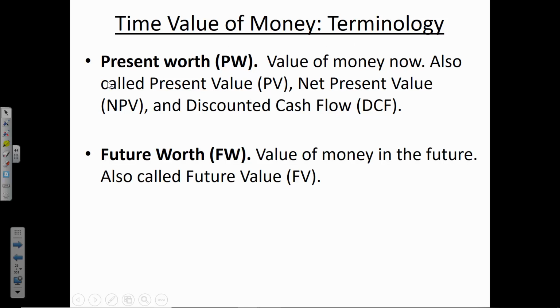Okay? There are also future worth problems where the unknown is some future amount. They're sometimes called future value problems. You're essentially finding out over time how much the amounts compound. Now, in the previous one, when we were talking about present worth, there was the word discounted cash flow.